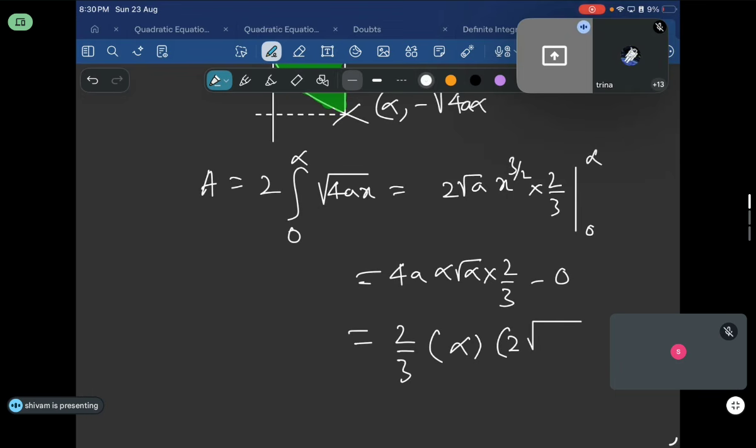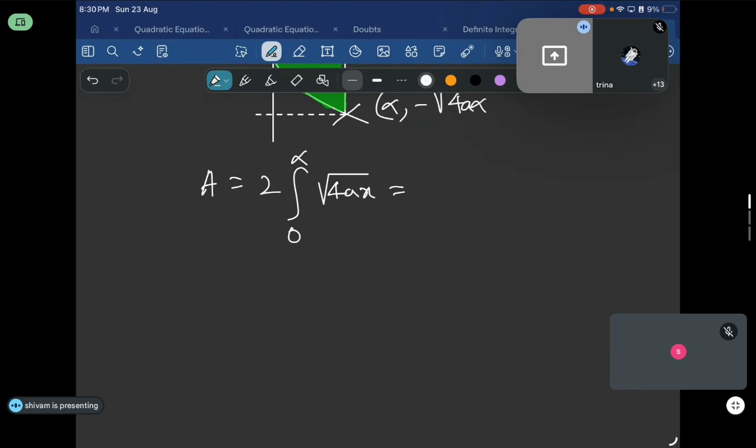Wait a minute, you already multiplied 2 with 2. I'm doing it once again. So it will be 2 into 2 root over a into x to the power 3 by 2 multiplied by 2 by 3. We have to substitute from 0 to alpha. Right, tell me. Now it's fine.